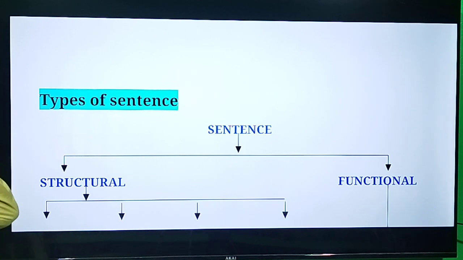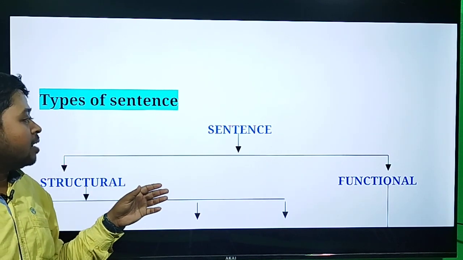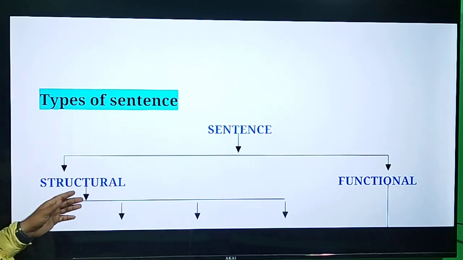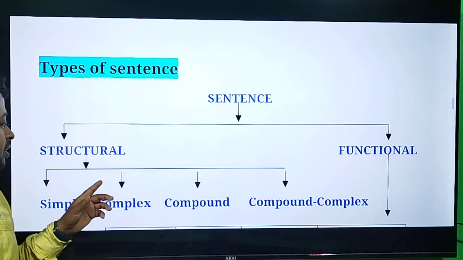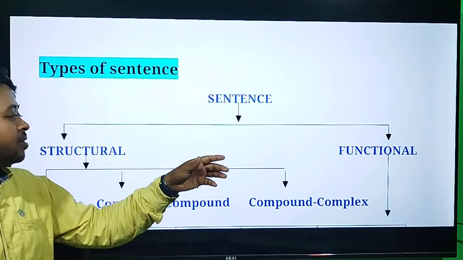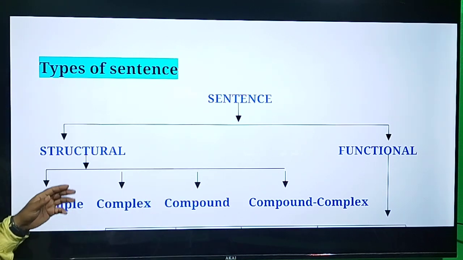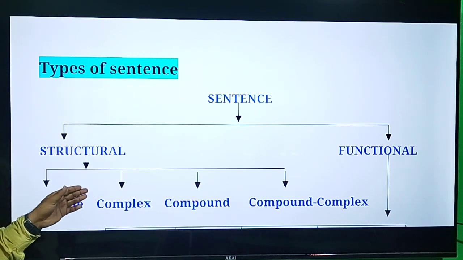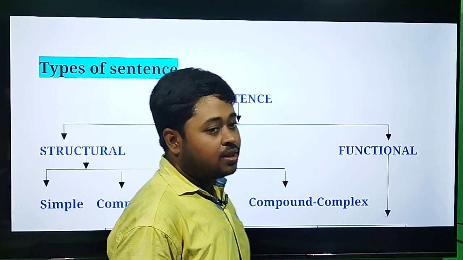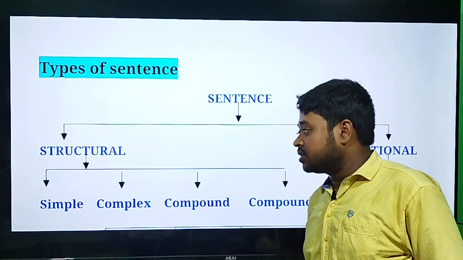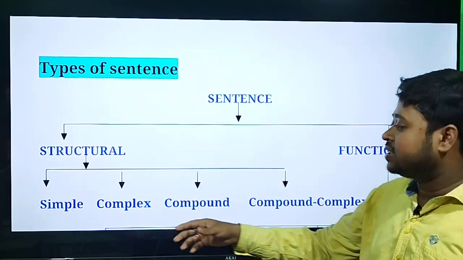After this, how many types of sentences are there? There are two parts, which means we can divide them into two: one is structural and the second one is functional. Let's start with the structural parts. There are 4 structural parts. The first one is the simple sentence.